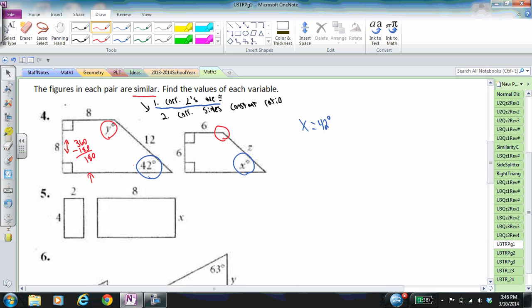And we subtract this angle over here, the 42. So that leaves me, goodness gracious, must be spring break. Can't do this math. 138 degrees for y. So y is 138 degrees. Again, that came from 360 minus 90 minus 90 minus 42 to get that.